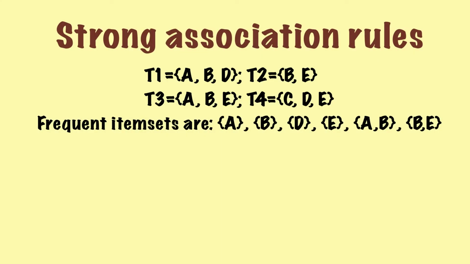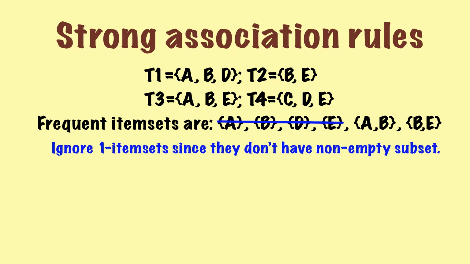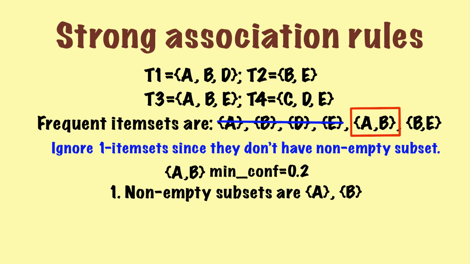Let's look at an example. We found all the frequent item sets from the a priori algorithm in the last video. We ignore the item sets that only contain one item because they don't have any non-empty subset and we cannot generate association rules from them. Therefore, there are only 2 candidate item sets left, and we start with the item set containing A and B. Suppose the minimum confidence threshold is 0.2.